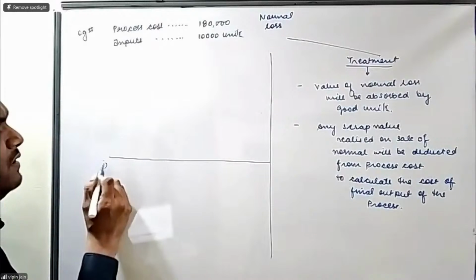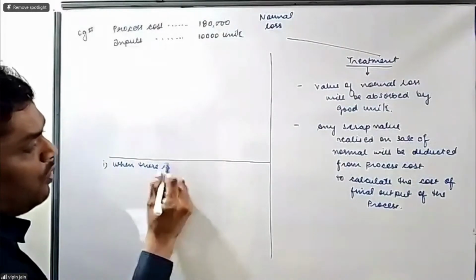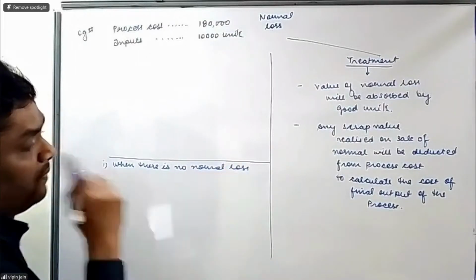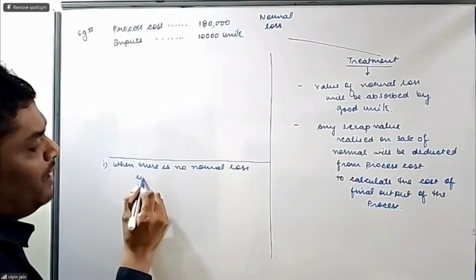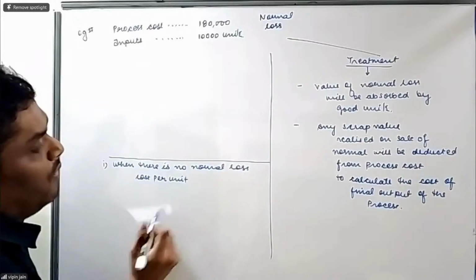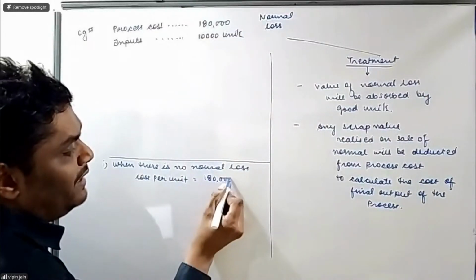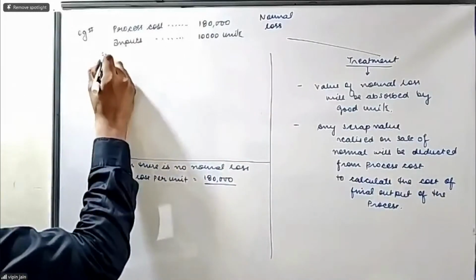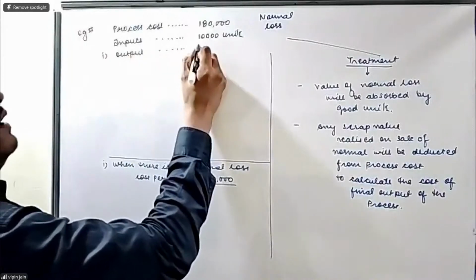In the first case, when there is no normal loss, my cost per unit will be how much? Total process cost is 1,80,000. My input is 10,000, and let's say in the first case my output is also 10,000 units.